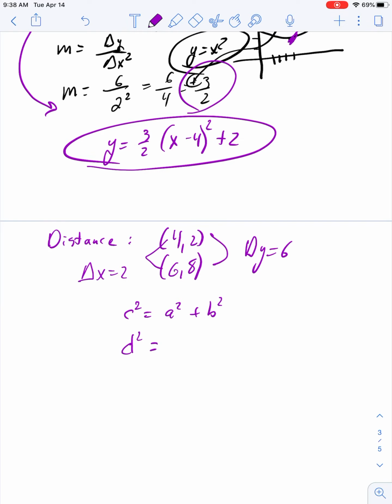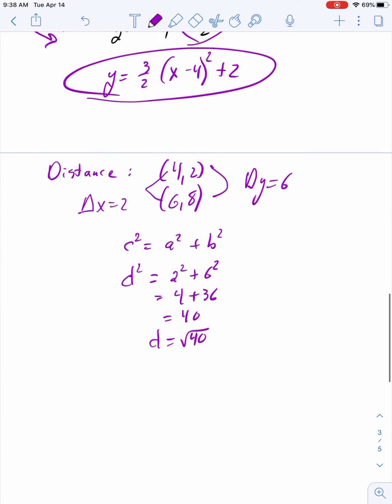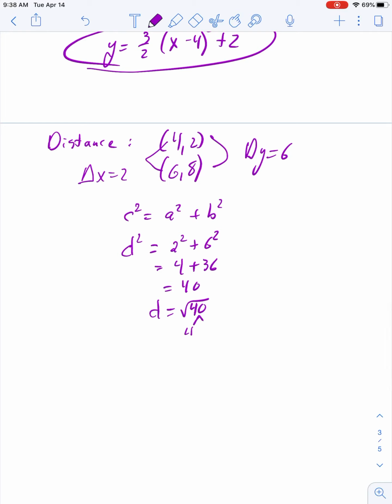In this case, we just say d squared because it's a distance. So what we have here is 2 squared plus 6 squared. So we have 4 plus 36 is 40, and d is root 40. Look to break that down if you can, like 4 and 10. And what we have here is 2 root 10 is our distance. Okay.